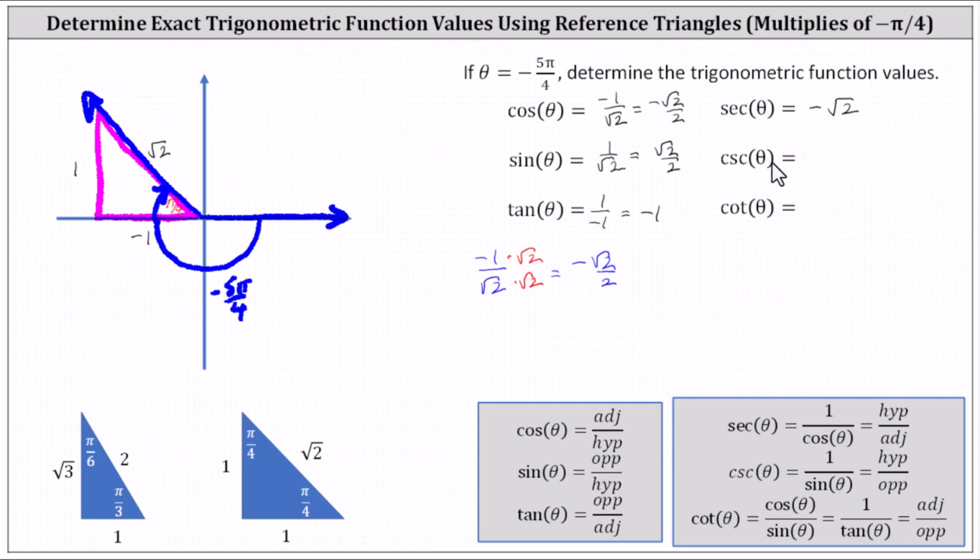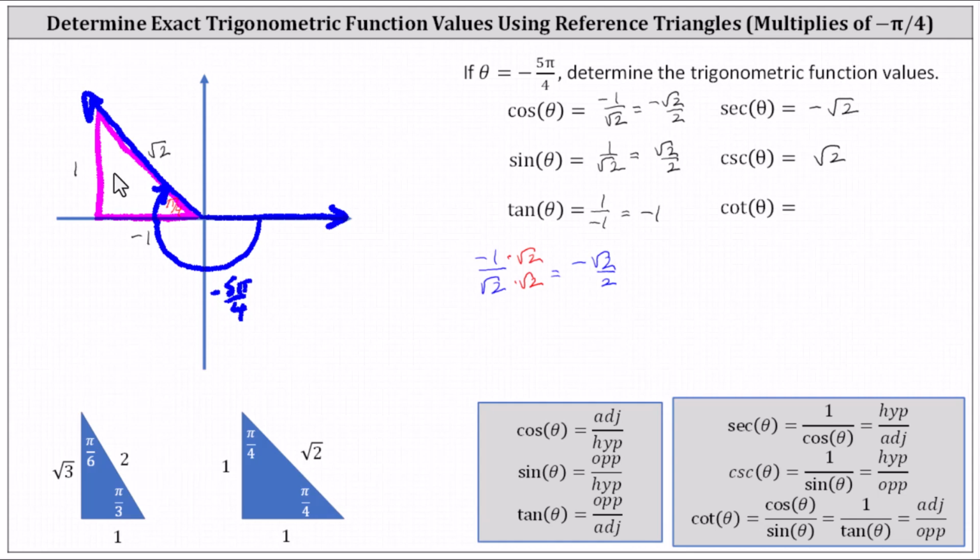The cosecant function value equals the reciprocal of the sine function value, and therefore cosecant -5 pi divided by 4 equals √2 divided by 1, or √2. Or using the reference triangle, cosecant -5 pi divided by 4 equals the ratio of the hypotenuse to the opposite side, which does give us √2.